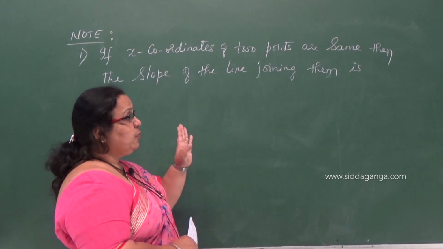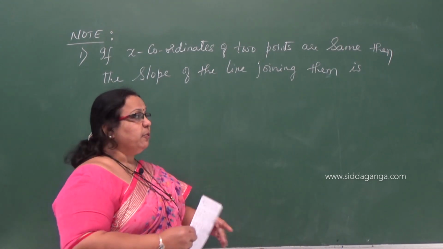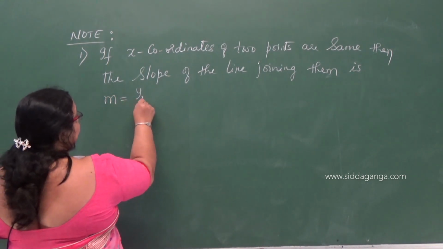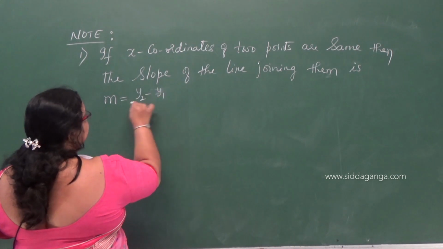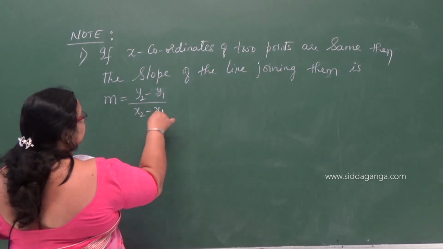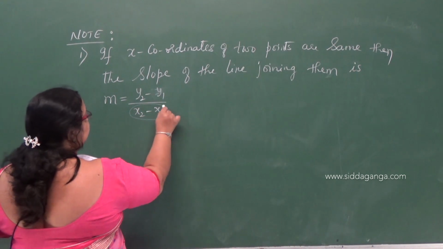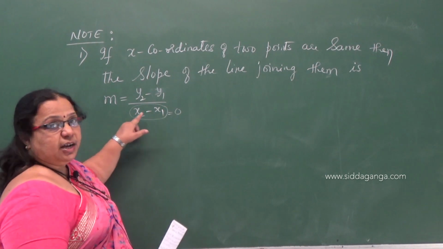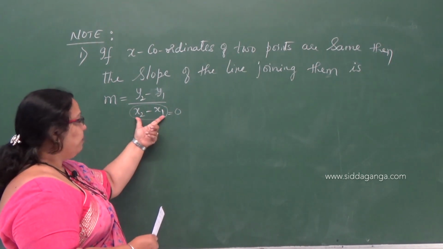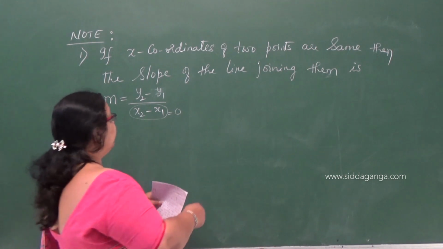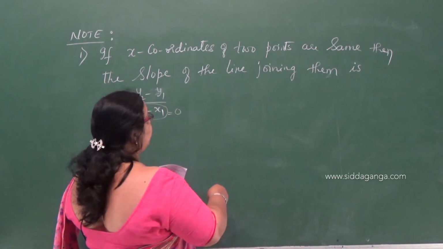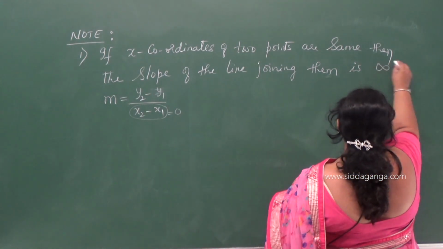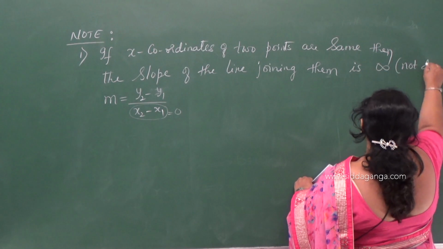The formula is y2 minus y1 divided by x2 minus x1, so the denominator becomes 0. When both x coordinates are same, the difference between them becomes 0. So the slope of the line joining them is not defined, infinity, means not defined.